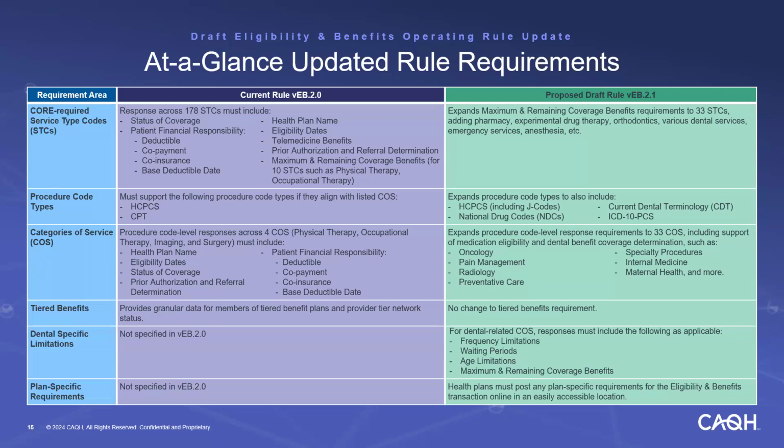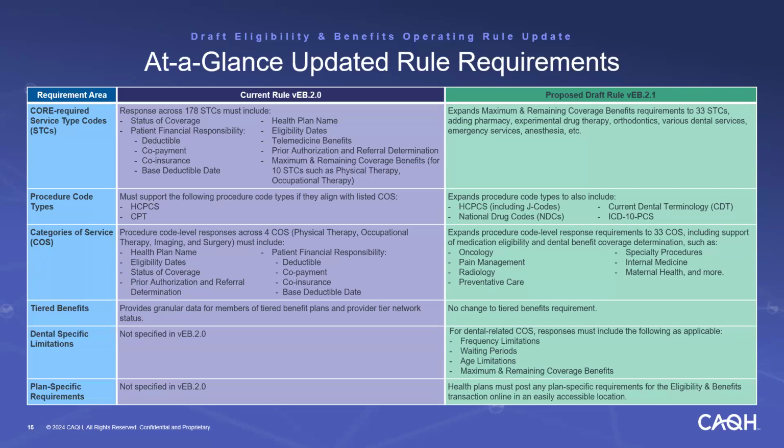And this is the second component: these codes align with any of 33 total categories of service that core participants requested. So just so you don't have to read between the lines here, because I referenced it very quickly, version 2.0 of the rule has 4 categories of service.